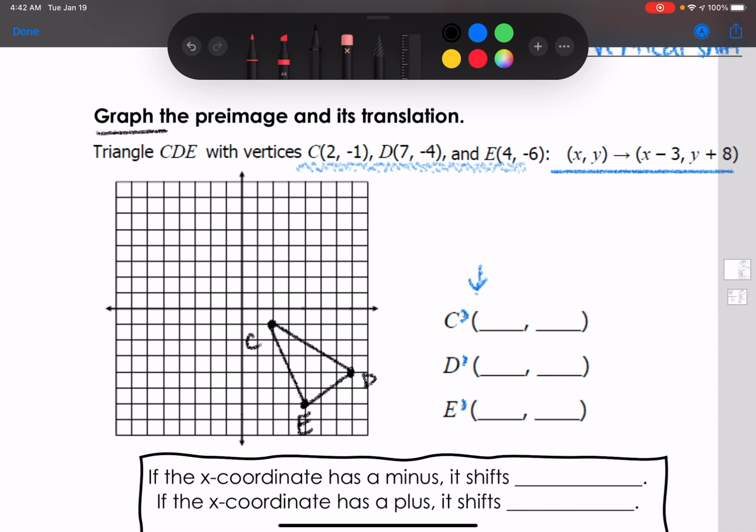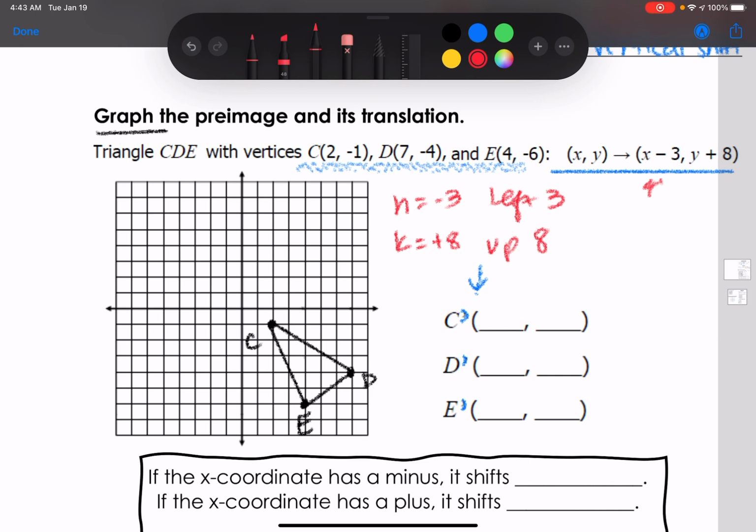All right, now they are saying, check out our h. Our h value is telling us, okay, it's -3, so our h is -3, meaning we're going to go to the left 3 units. And our y plus 8, our k value is +8, meaning it's going to go up 8 units from where we were.